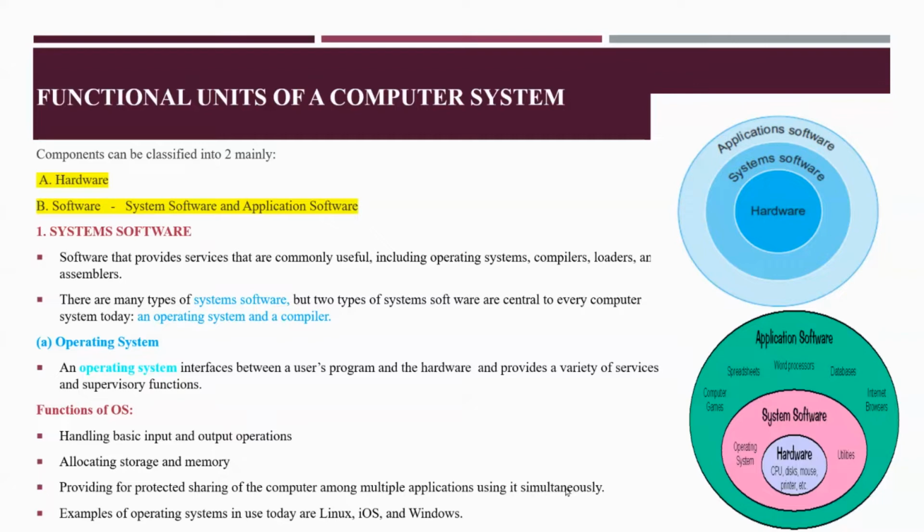As I already told, one of the simplest and most important examples of system software is the operating system. Apart from the operating systems, there are many other system software available, which includes compilers, loaders, assemblers, etc. So what does system software do, or what is the use of an operating system?